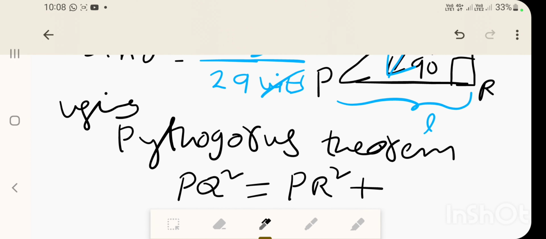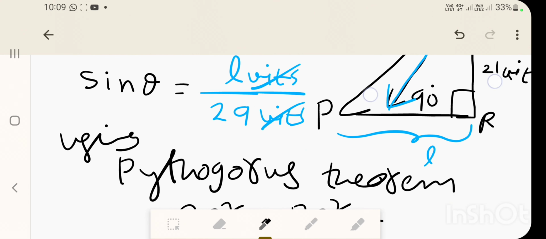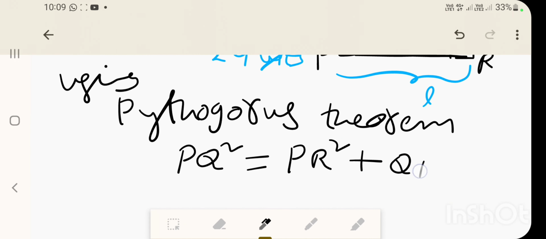Here PQ is the hypotenuse, PR is the opposite side to the angle theta, and QR is the adjacent side to the angle theta.